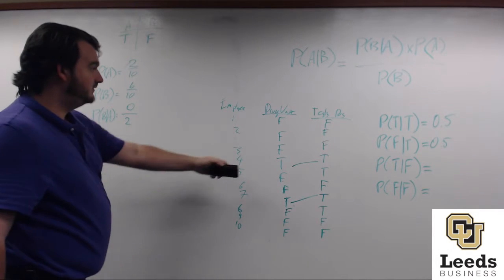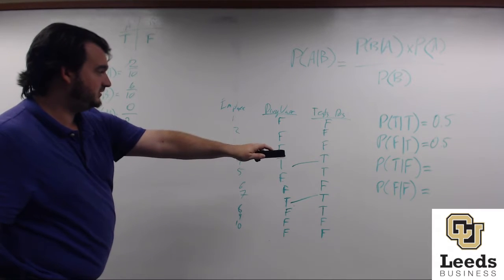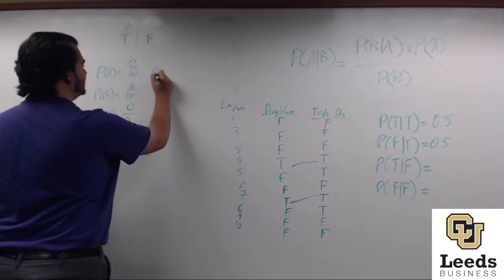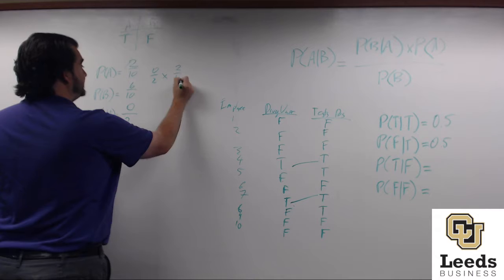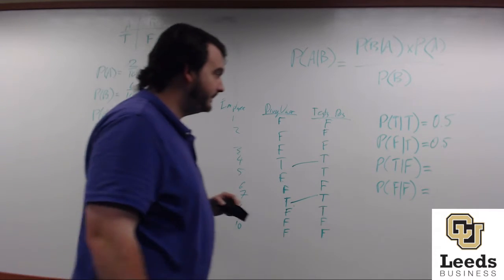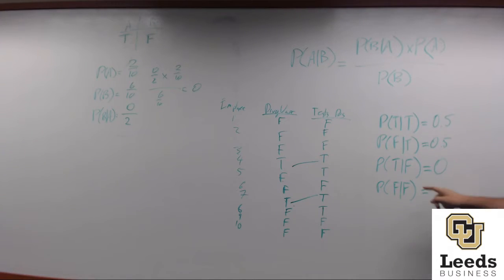Because when it is actually true, yeah, true. Cool. 0 out of 2. So this gives us 0 out of 2 times 2 out of 10 over 6 out of 10 is equal to 0. So the probability that they are going to be a drug user, given the test said they aren't, is nada.